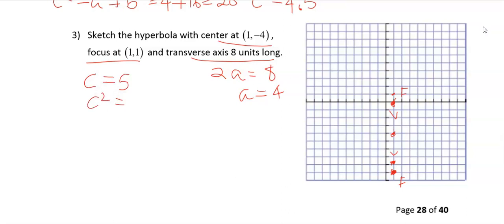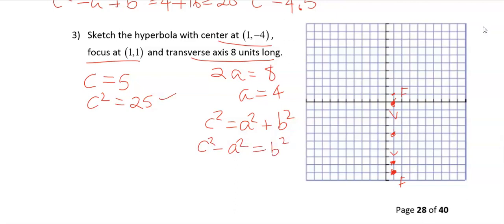And now I'll just use that equation that relates A, B, and C. So I'll have C squared equals A squared plus B squared. Now remember, it's the B squared we're trying to calculate. You can bring the A squared to the other side first if you like. So that would be C squared minus A squared is equal to B squared.